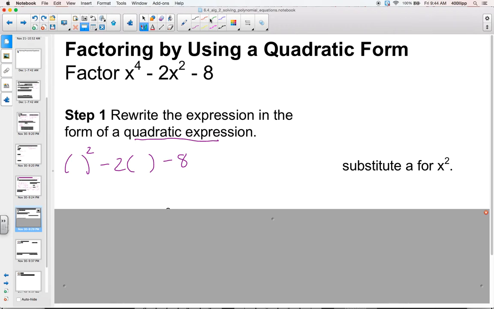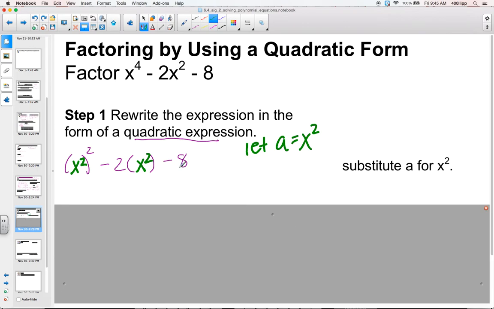So in here, I'm going to put in whatever it will be equal to. This is going to be an x squared, because x squared squared is x to the fourth. And then I'm going to put an x squared here because x squared to the first is just x squared. And then we're going to let a equal x squared.